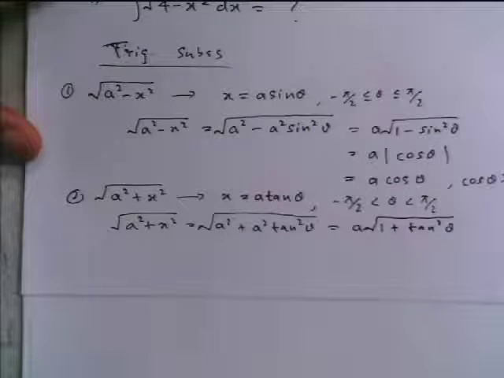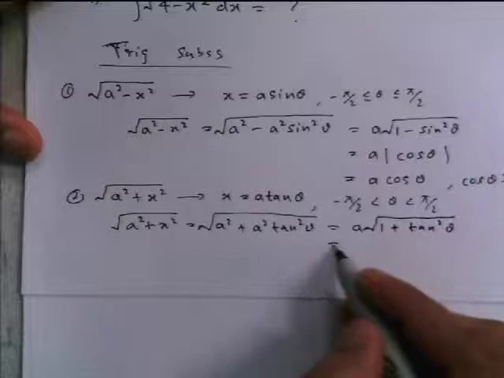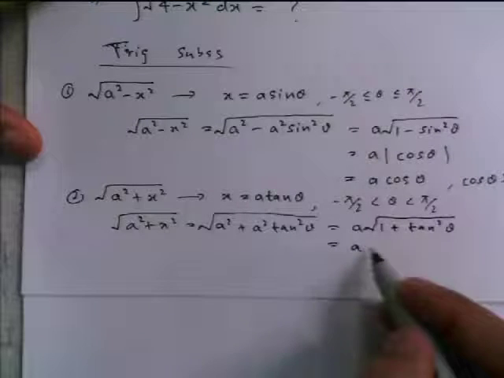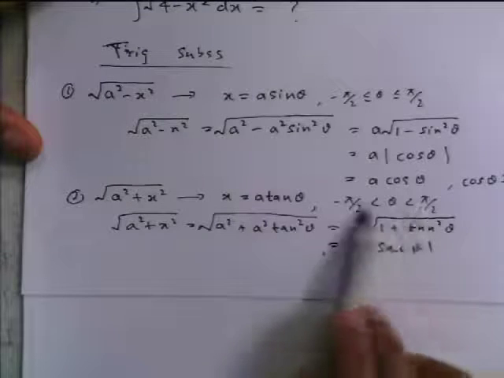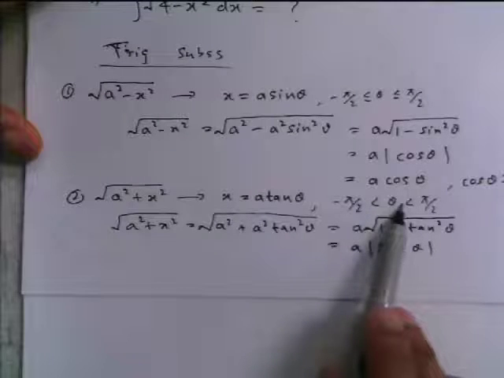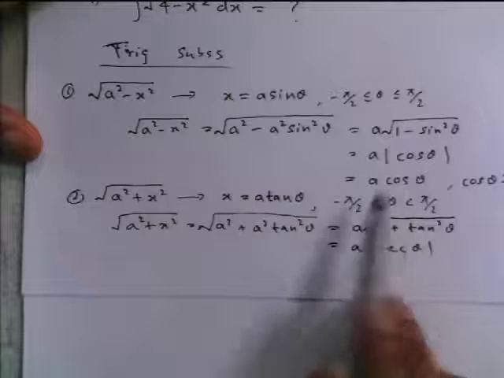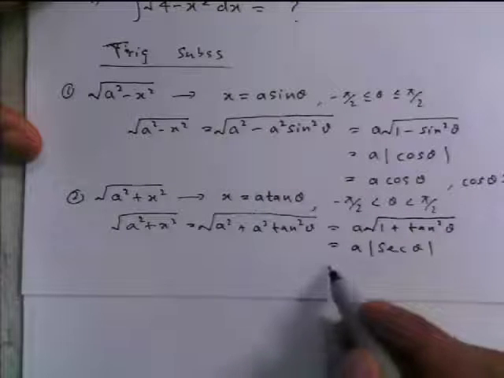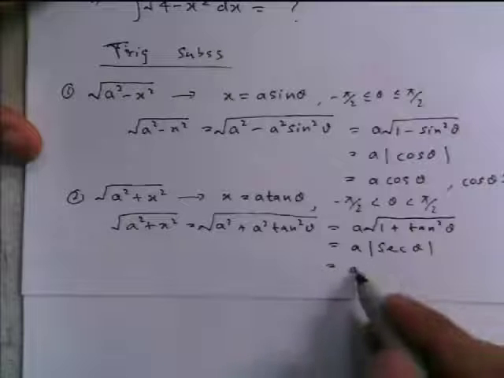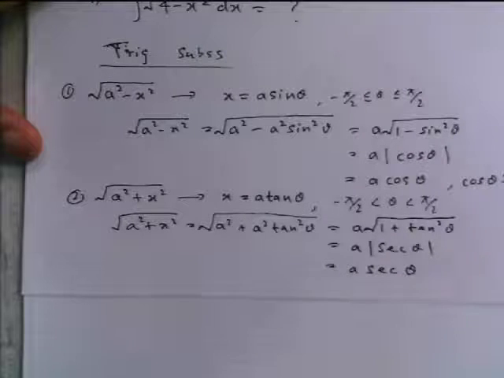Secant squared theta. Once you take the square root, it becomes a times the absolute value of secant theta. Under this condition, cosine is positive. Since cosine is positive, 1 over cosine, that means secant is positive, so you don't need the absolute value sign. So it becomes a secant theta.